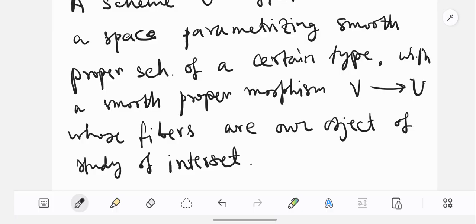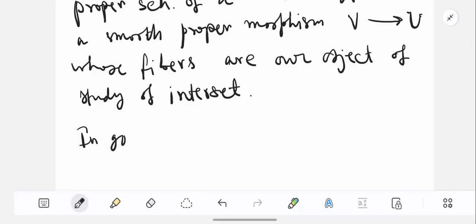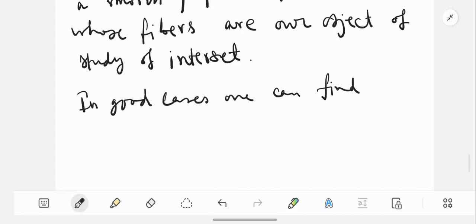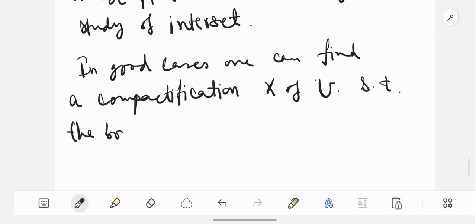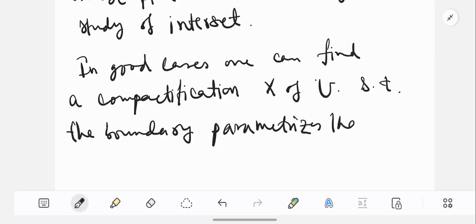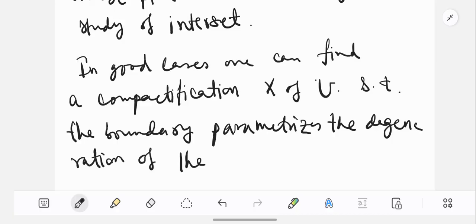Okay, so in good cases one can find a compactification X of U such that the boundary parameterizes the degeneration of the original objects.